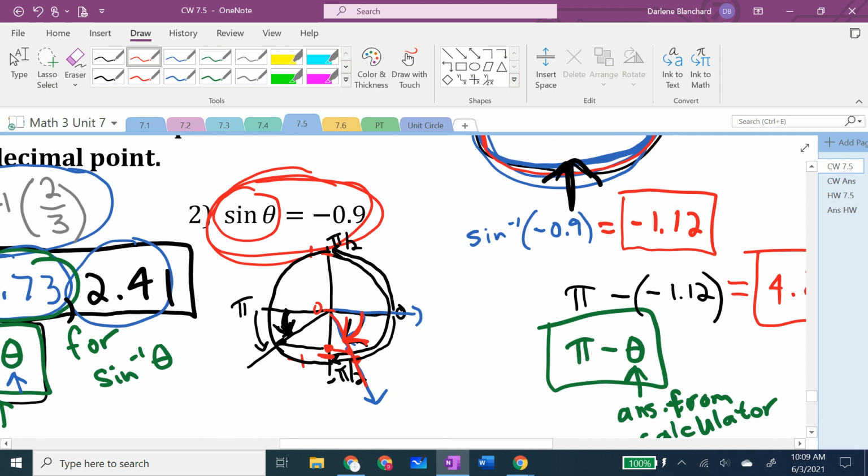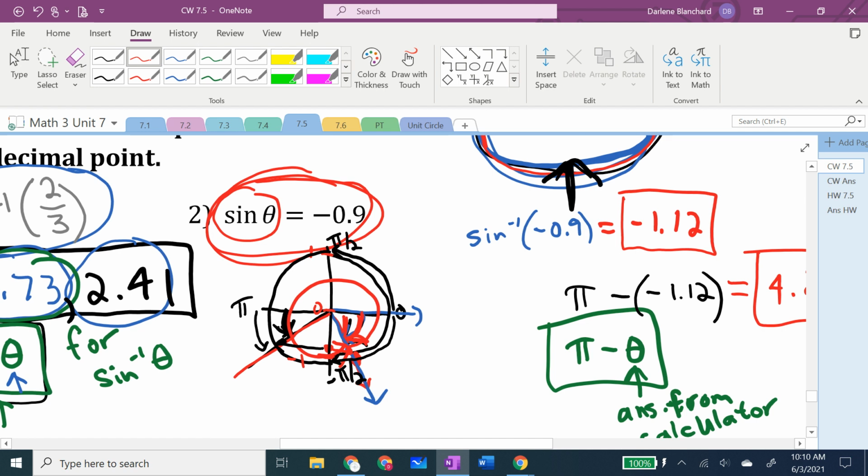I've got the negative version of this position, and I have this angle. So if I take this negative angle and I add 2 pi to that, that will cause me to go around in the positive direction once and land me in that same spot.